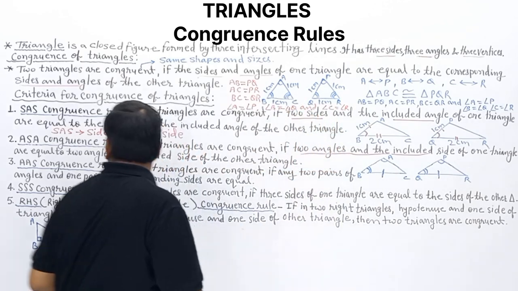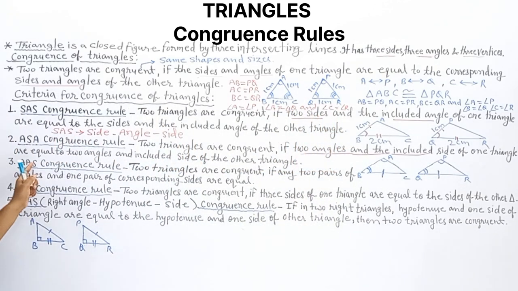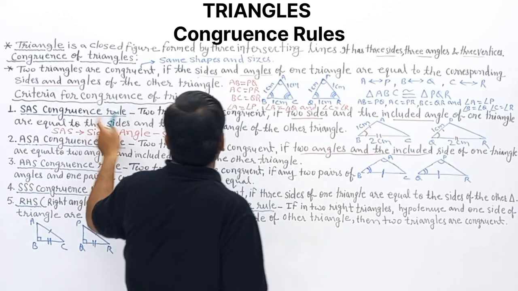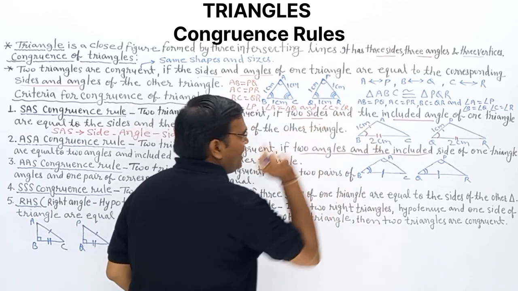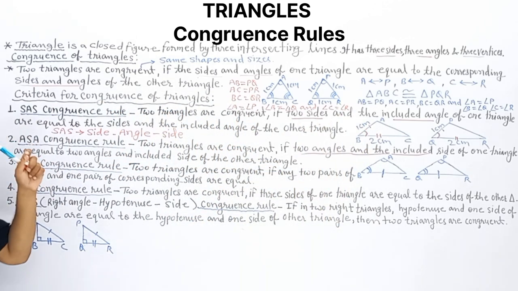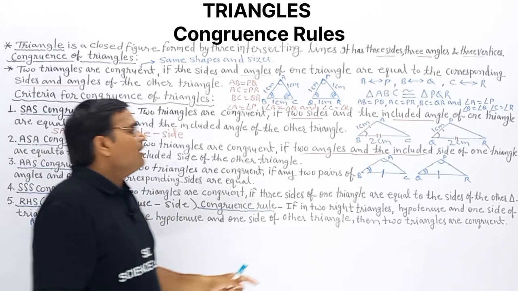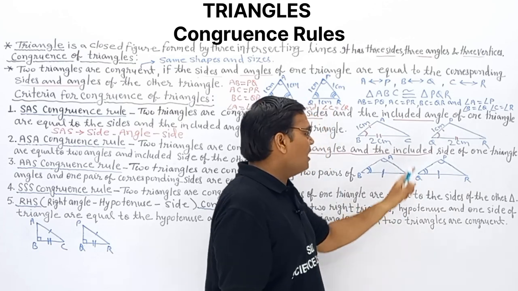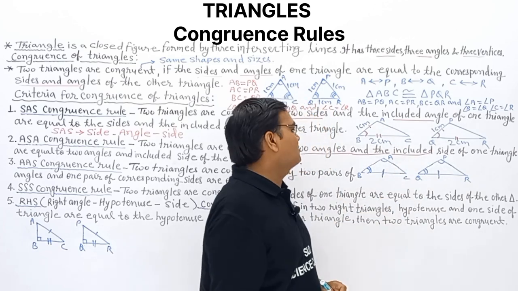Then we can say angle angle side congruence rule. Observe, there is a small difference. In the first we are having two sides and included angle. In the second we are having two angles and included side. And in the third one, any two angles are equal to the other triangle's angles.